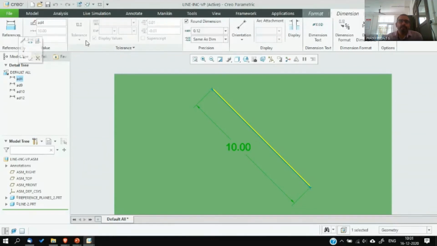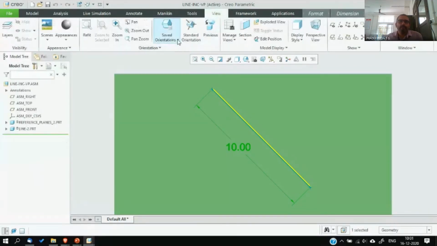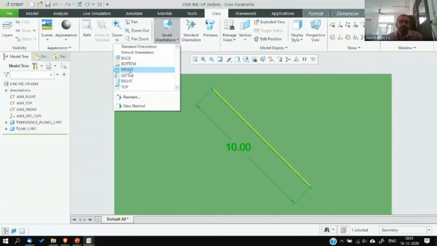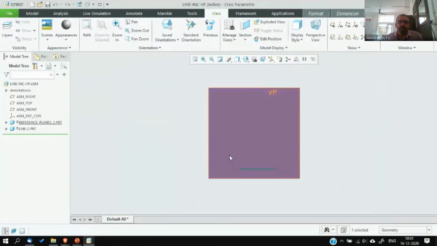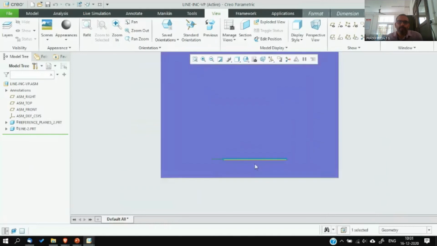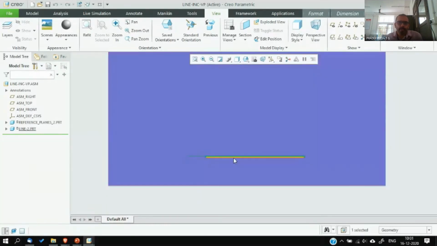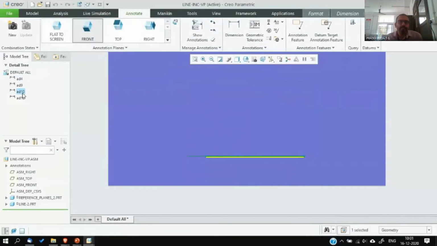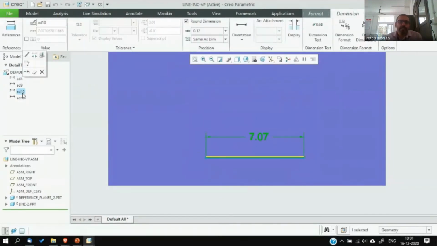And if I go to the front view, see the line is parallel to the XY line, so we cannot measure the line angle, so it is 0 degrees, and the length of the line is reduced, that is 7.07. Since it is 45 degrees, 10 multiplied by cos 45 will give you 7.07 approximately.